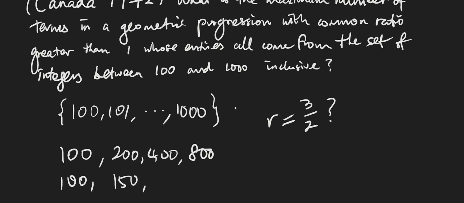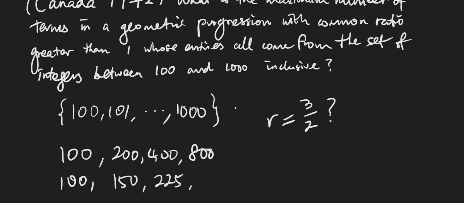Then it would be 75 times 3, which is 225. And then we're stuck, right? Because 225 doesn't have a factor of 2. So there's a constraint here. The denominator of the common ratio would affect the length of the GP as well. It's not just the first term. So in that case, 100 is not really a good candidate.